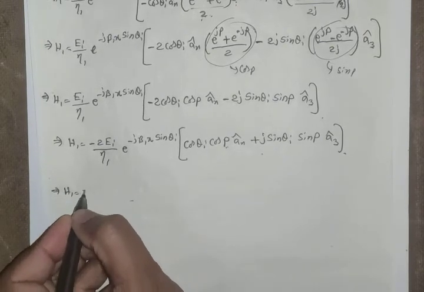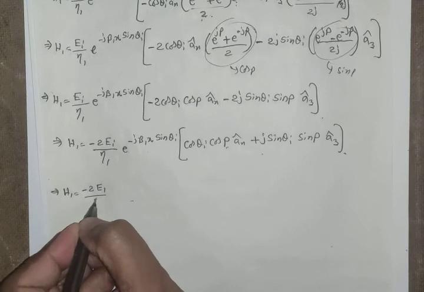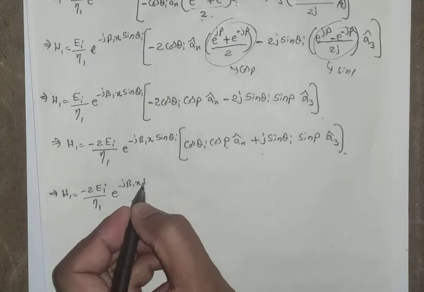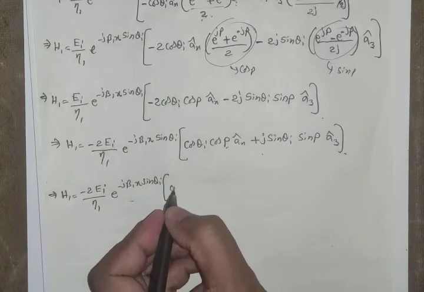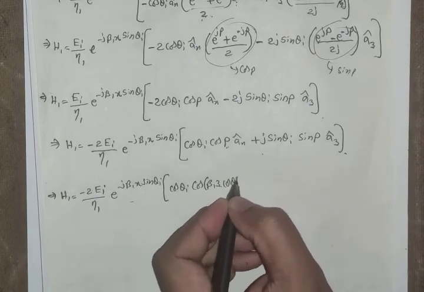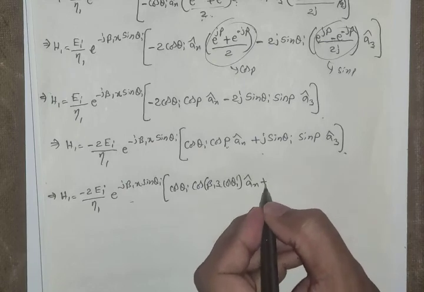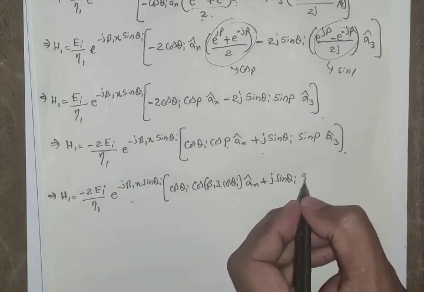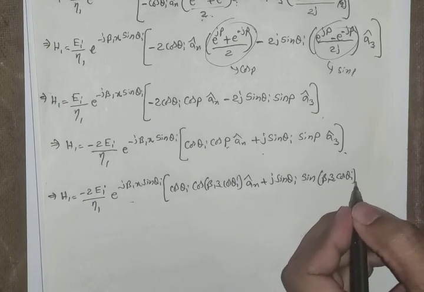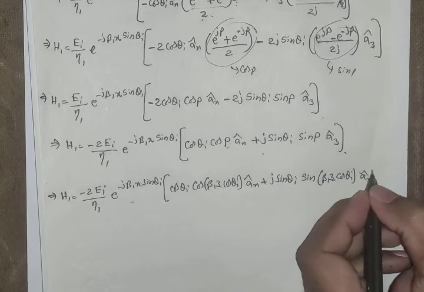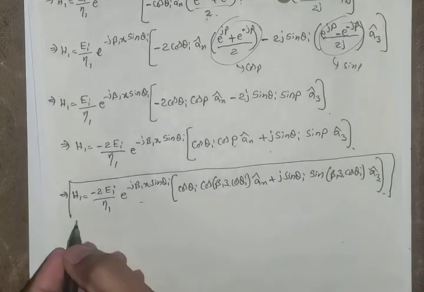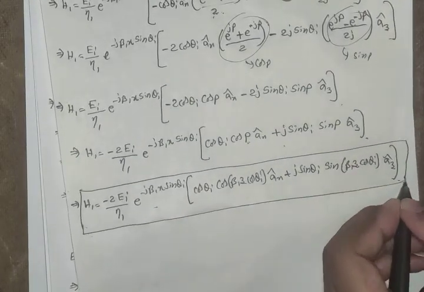Therefore the total magnetic field equals minus 2 Ei by eta 1 into e to the power of minus j beta 1 x sin theta i into cos theta i cos of beta 1 z cos theta i into ax cap plus j sin theta i into sin of beta 1 z cos theta i into az cap. This is the entire mathematical representation for the total magnetic field for medium 1.